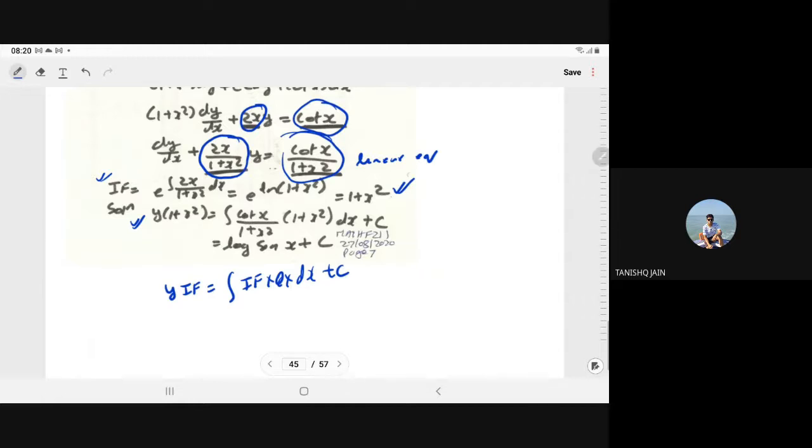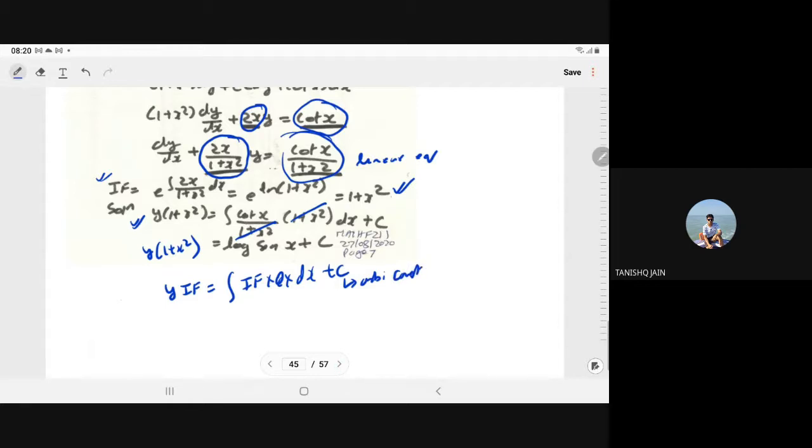So what is the benefit? Here the 1 plus x square and 1 plus x square will cancel out. So integral of cot x is log of sin x, so log of sin x plus c. So that is your solution. y (1 plus x square) is equal to log sin x plus c, where c is the arbitrary constant.